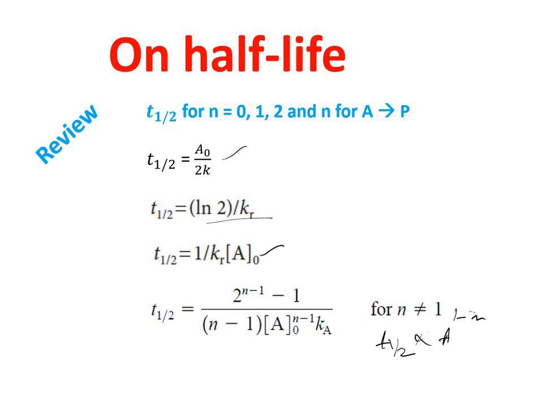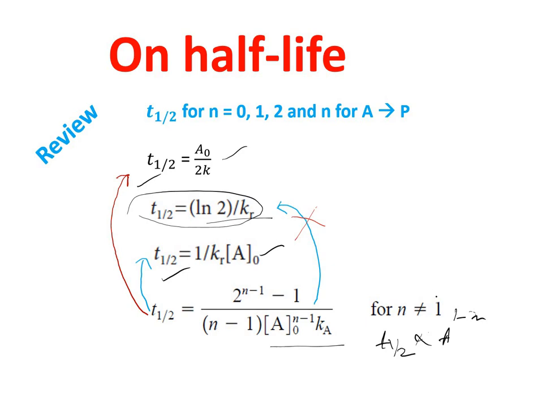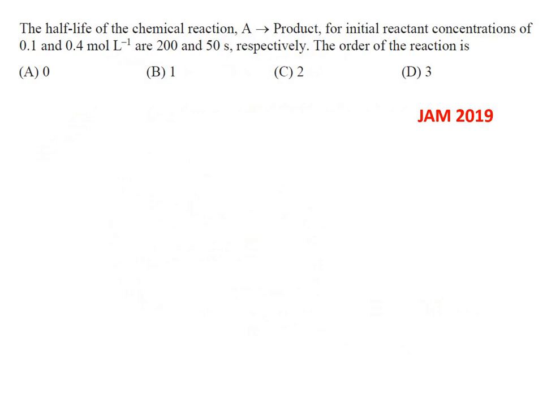And you can get back from the general expression t half for n equal to 2, and for n equal to 0 it would give you back the first equation. Except the middle one, n equal to 1, would not be obtained because the general equation is not valid for n equal to 1. So there is no problem with that. With this much we can go ahead with the first problem.